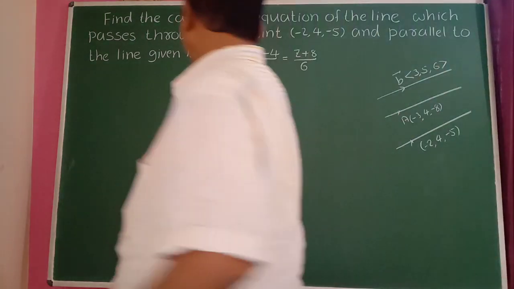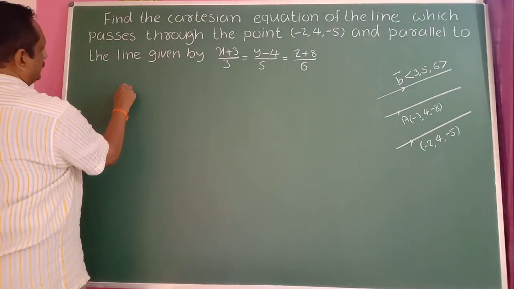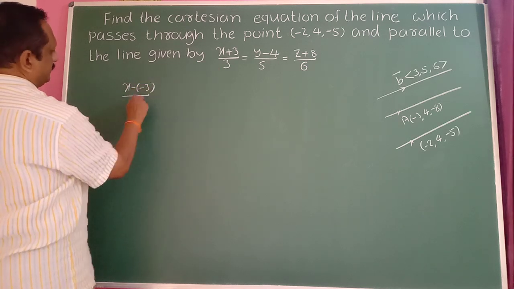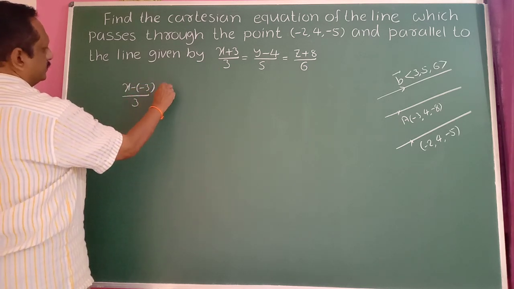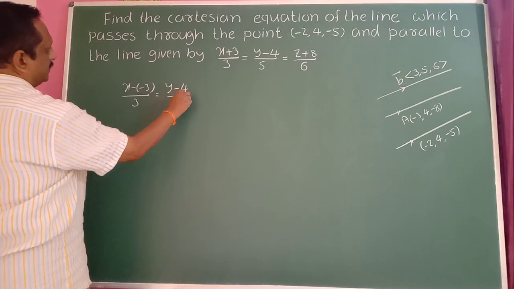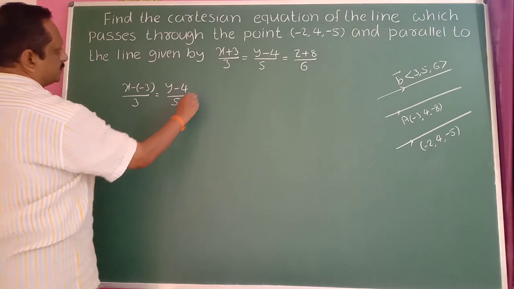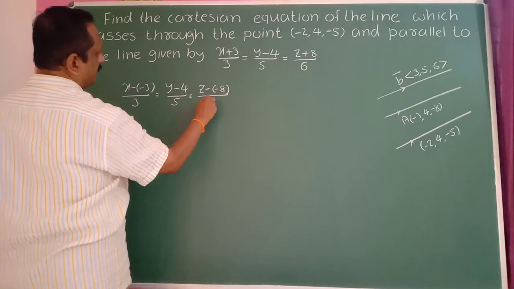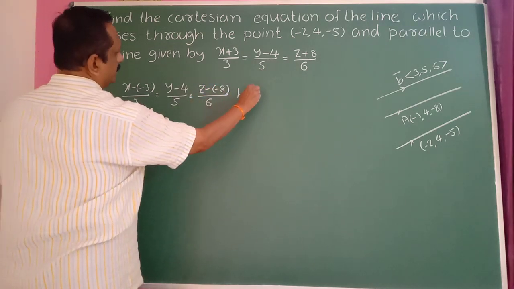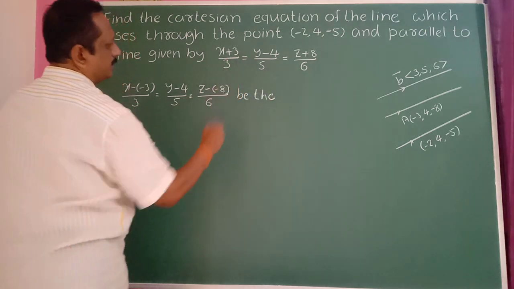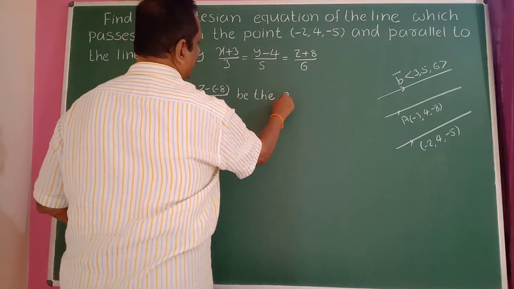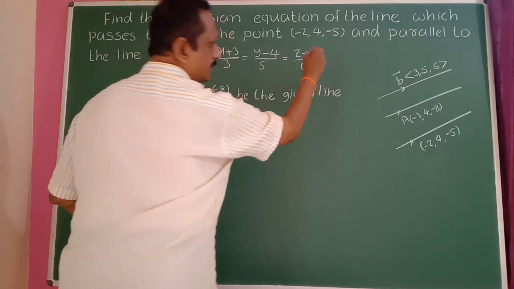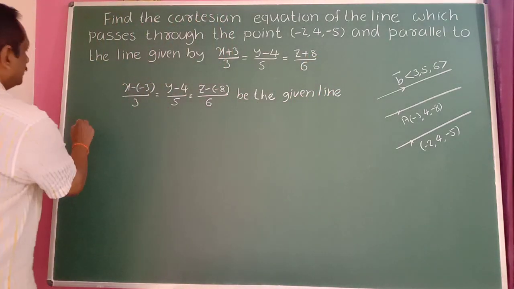Therefore, x minus of -3 divided by 3 is equal to y minus 4 divided by 5 is equal to z minus of -8 divided by 6 be the given line.